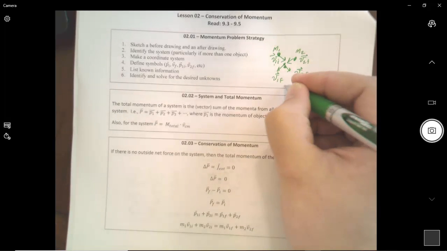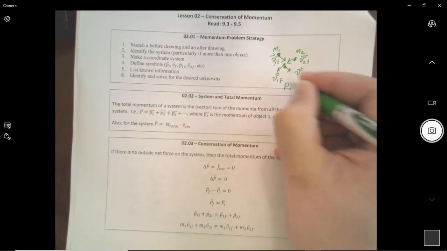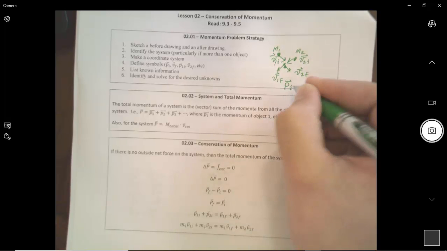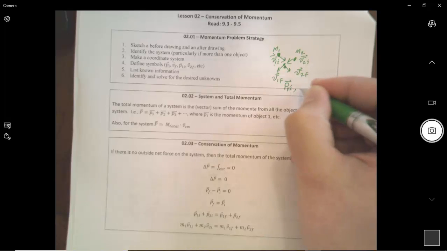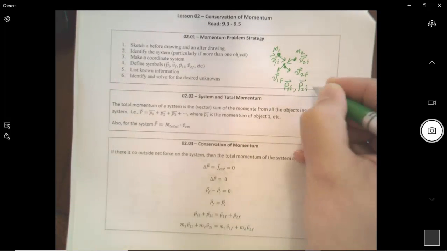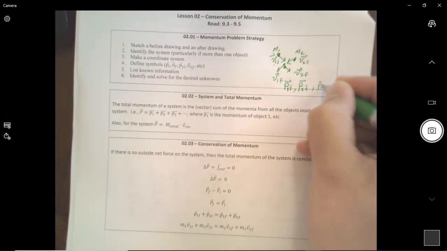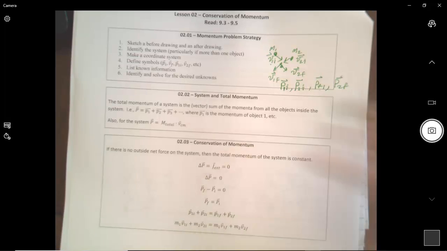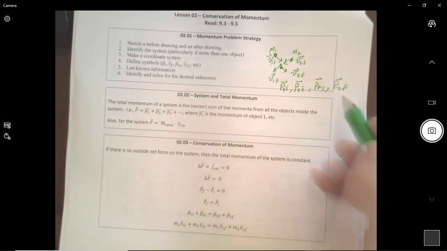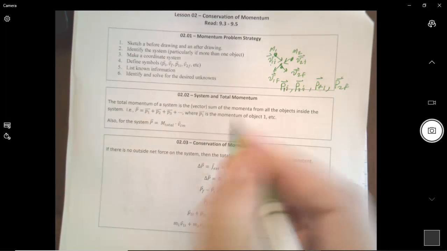So for each one, we can define an initial momentum for object 1 and an initial momentum for object 2 and so forth, and a final for object 1 and a final for object 2. Sometimes I get my subscripts backwards. It doesn't particularly matter as long as you can keep track of which thing is which.